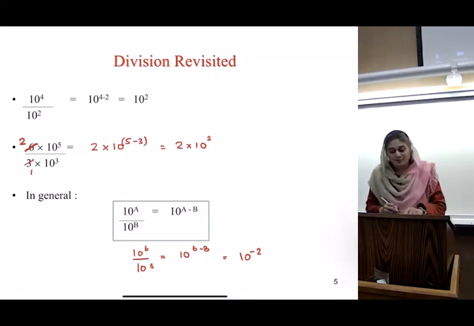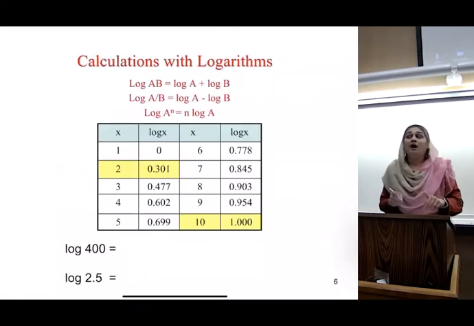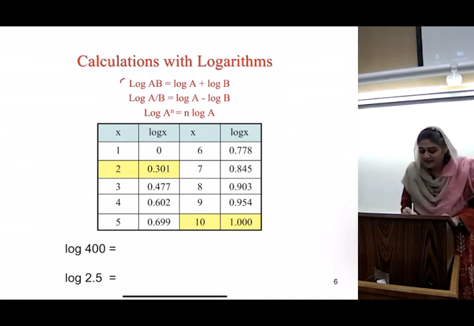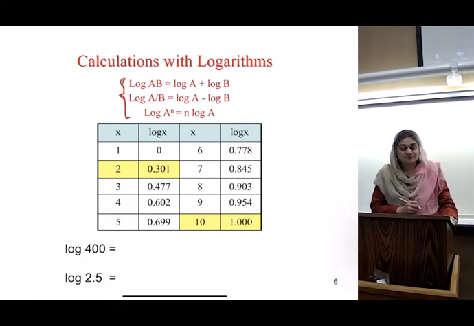Okay, now how does this help me when I look at log? Logs, as far as we know, are to the base 10. So write these down somewhere. These are log rules.